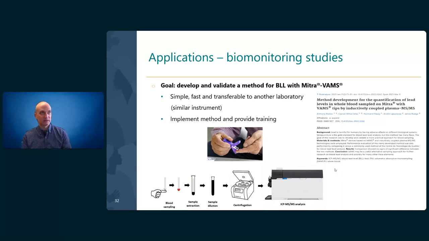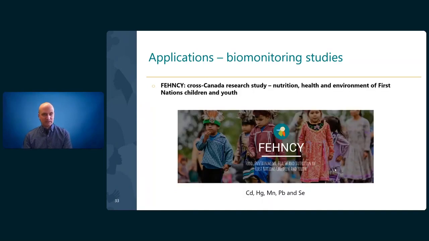They have sampled almost 2,000 children, ages 5 to 7 years, and it works very well actually. Only very positive feedback from the field. So there is no problem with sampling, and this is very promising and encouraging for other studies. Talking about other studies, there is a cross-Canada research study that started here in Canada last year, and it's still ongoing.